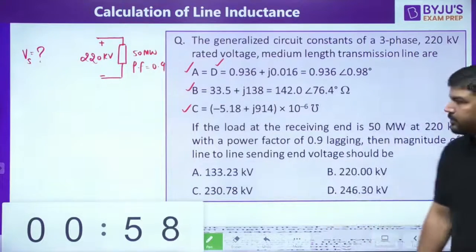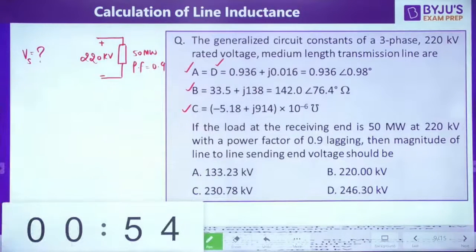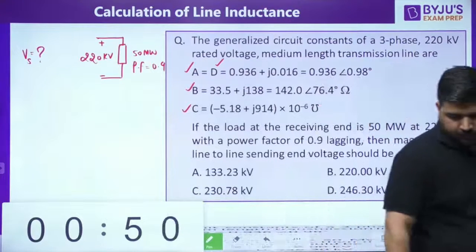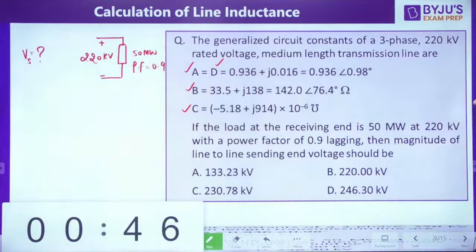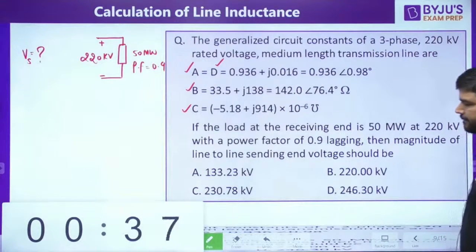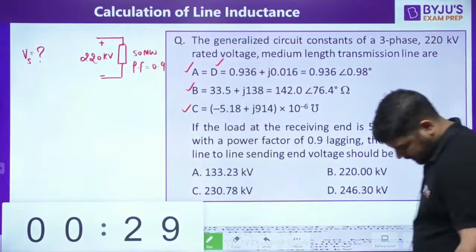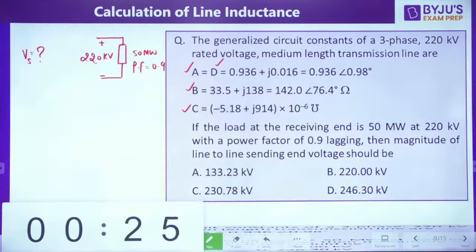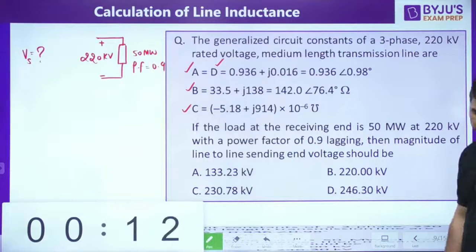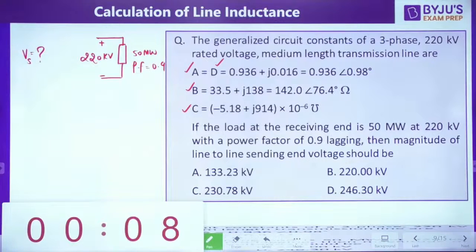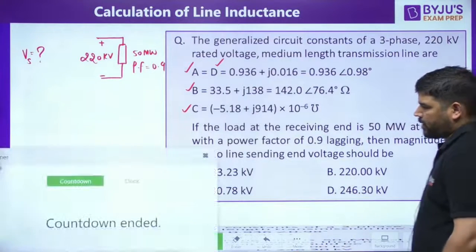Otherwise, the problem is very simple. Okay, so time is over.